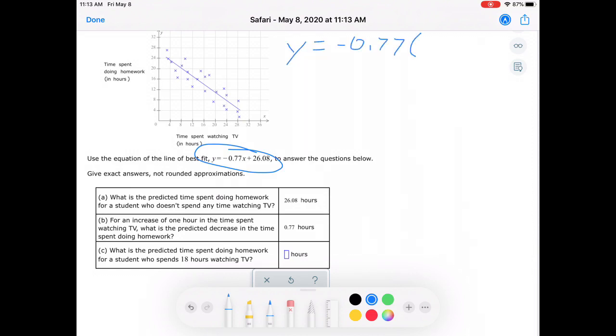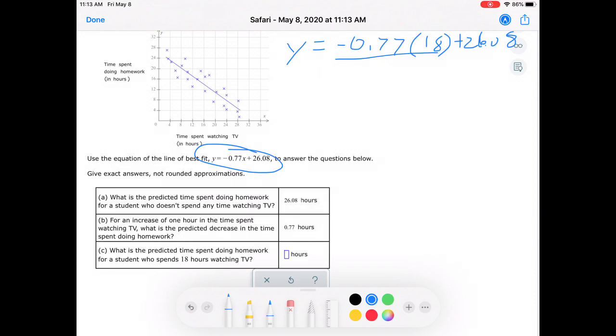So instead of x, we're going to put 18 in for the x, and we're just going to follow the order of operations. So we're going to do this multiplication first, and then add 26.08. That's bad handwriting there.